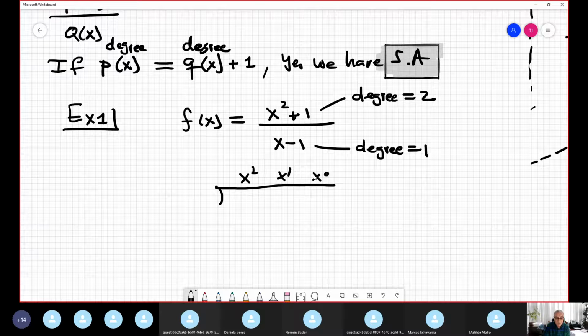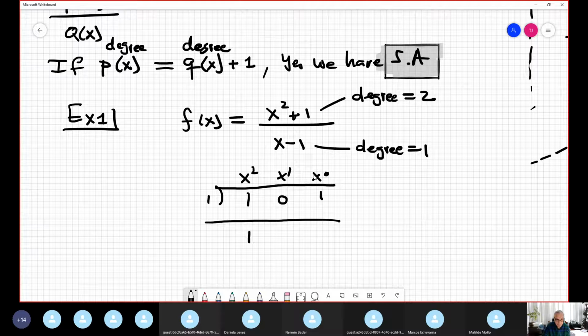You organize the numerator, get 1, 0, because x to the 1 is missing, and 1. And you divide it by, instead of minus 1, you put plus 1. Remember, it's the completely opposite sign. This is a factor, and this is the number, or the solution, or the root.